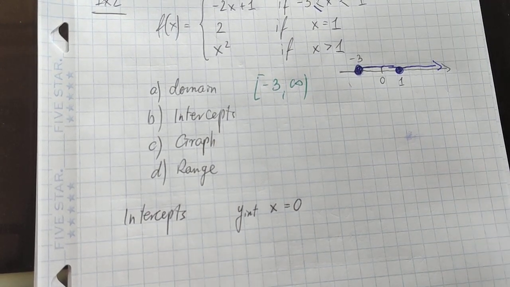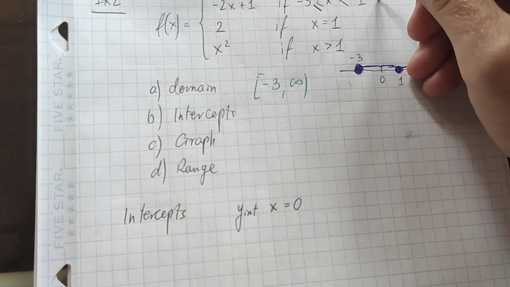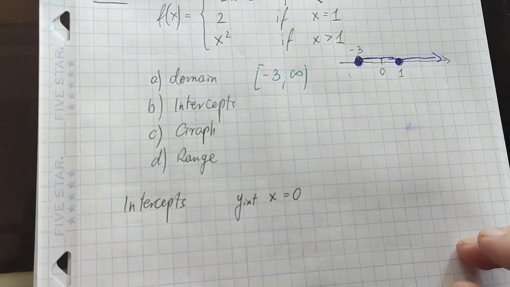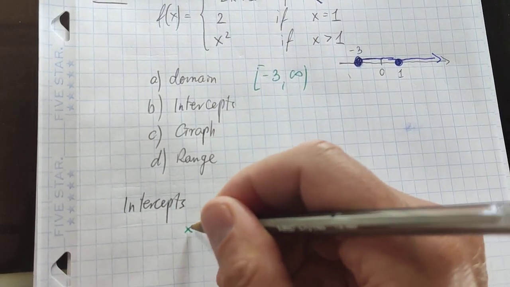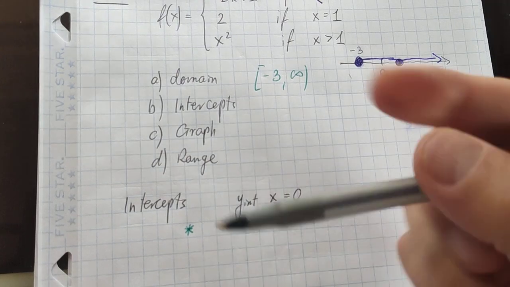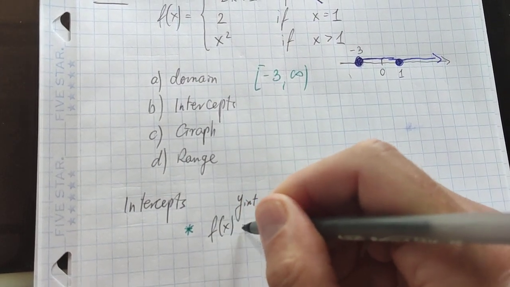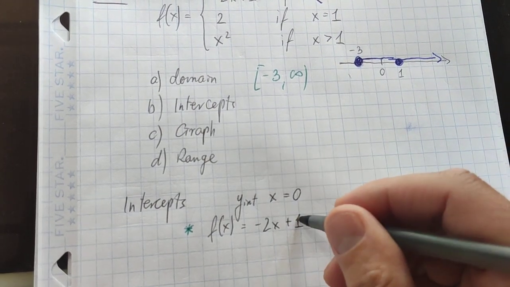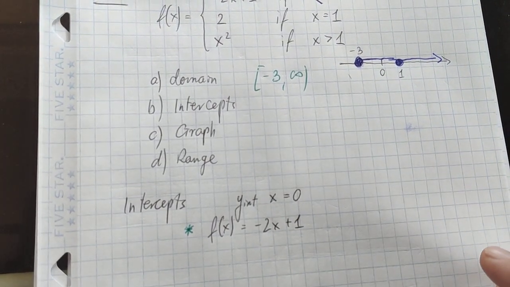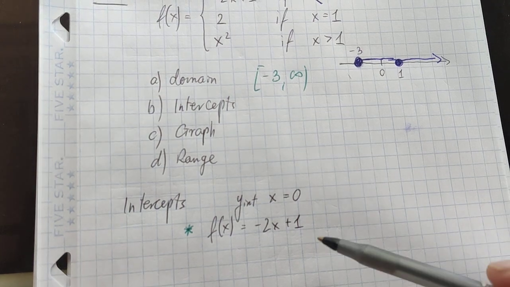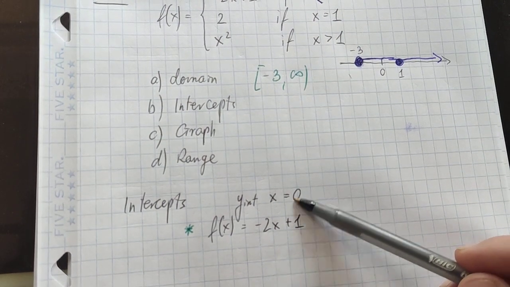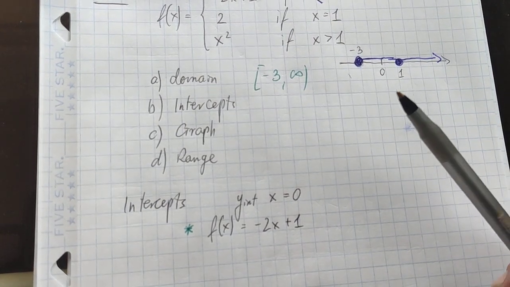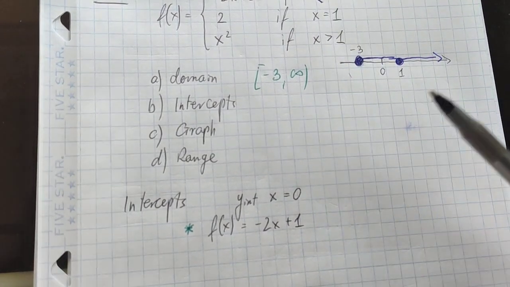Let's mark it. Let's use some color. So green for the first function. So I'm doing the green one now. So f of x equals negative 2x plus 1. First question is, can I even plug x equals 0 into the function? Is the 0 part of the first function? Well, it is, because 0 is between negative 3 and 1.